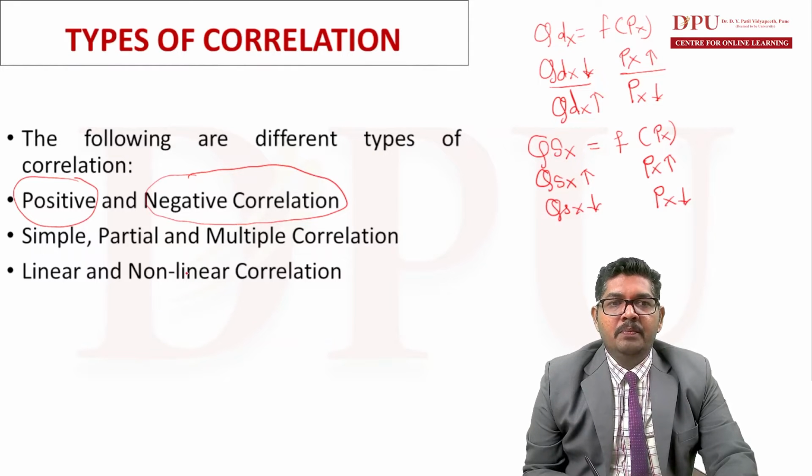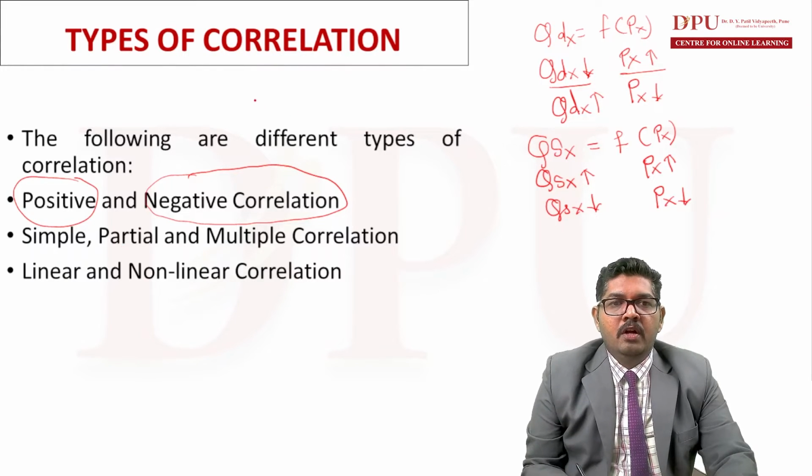Similarly, there can be simple correlation. Simple correlation means there are only two variables, only one independent variable, and there is always one dependent variable. Such kind of correlation is called simple correlation. Then there can be partial correlation. Partial correlation means there will be more than one independent variable, but we do not study the correlation of all the variables taken together.